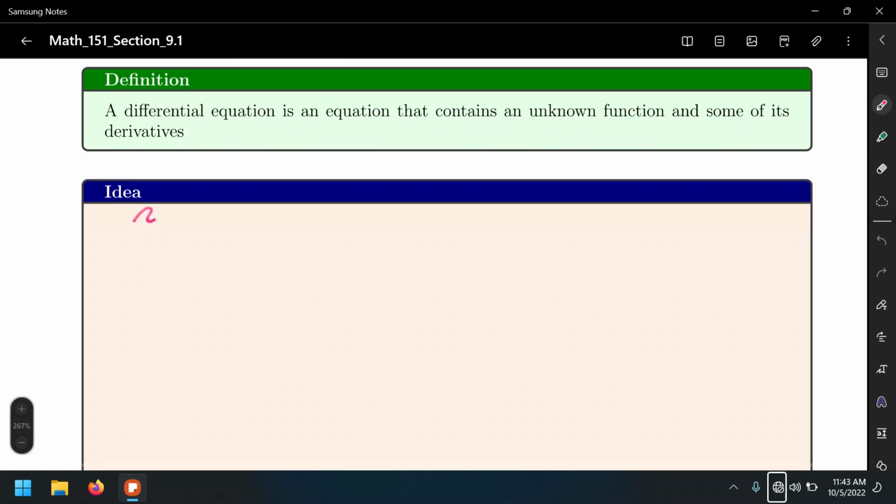Algebraic equation versus differential equation.